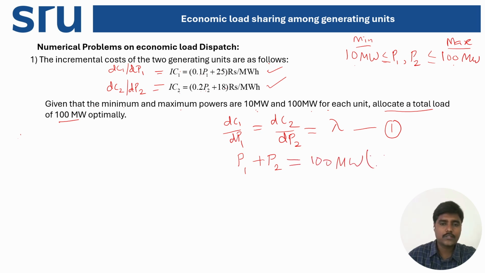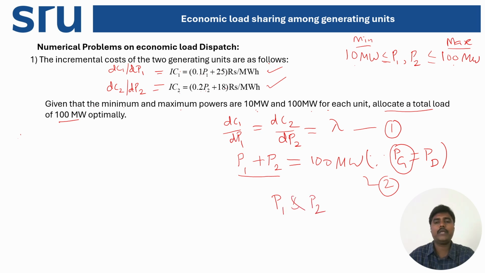This is the power balance equation: the total power generation should be equal to the total power demand. Total power generation can be expressed as P1 plus P2, as there are two units. So take this as equation 2. By solving these two equations 1 and 2, you can solve for the values of P1 and P2. That will complete the solution of the given problem.